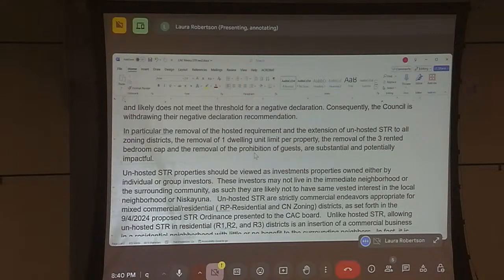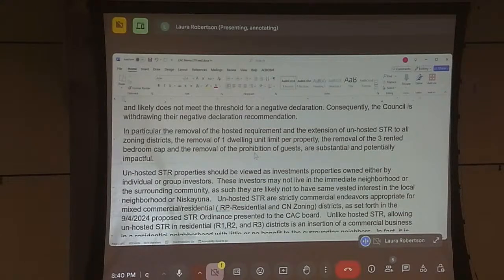So if one apartment unit on Iroquois Village was renting a bedroom, then no other apartment unit would be able to rent a bedroom. If we're just trying to be like a spear with our words, we really just want to make sure that the town board knows that the changes are substantial and it should come back to the CAC. That's just my recommendation. Entirely up to you guys.